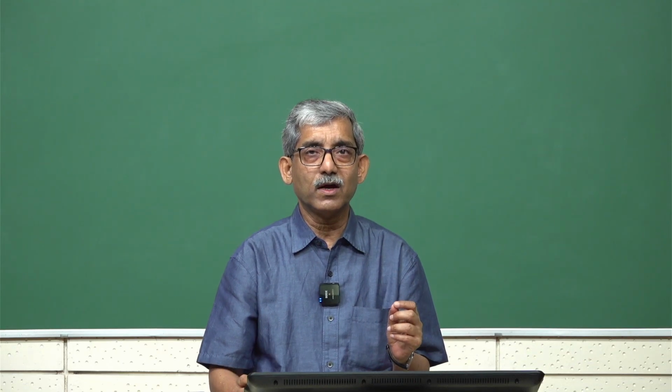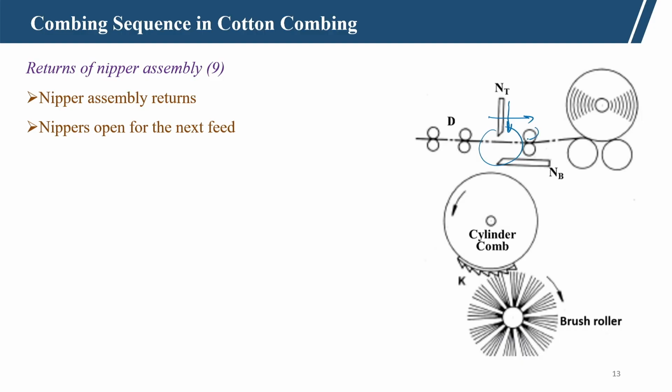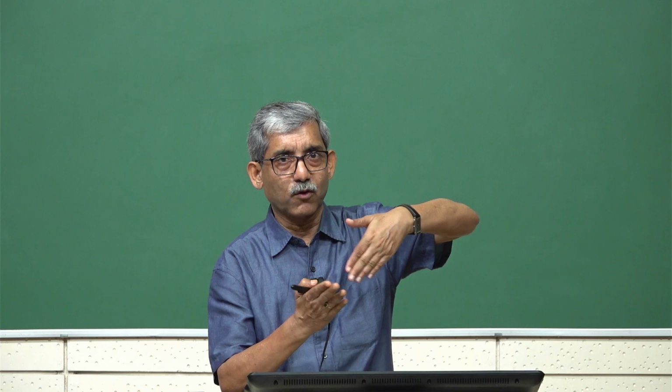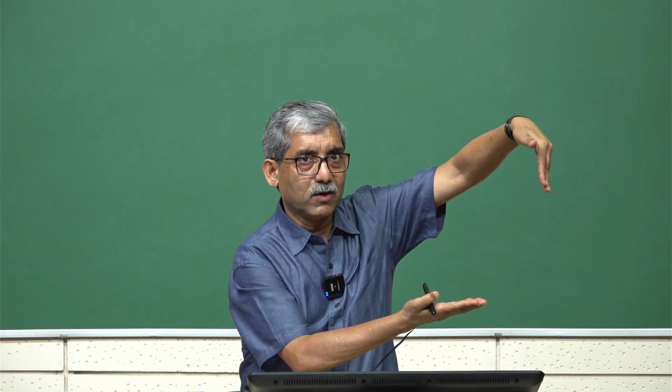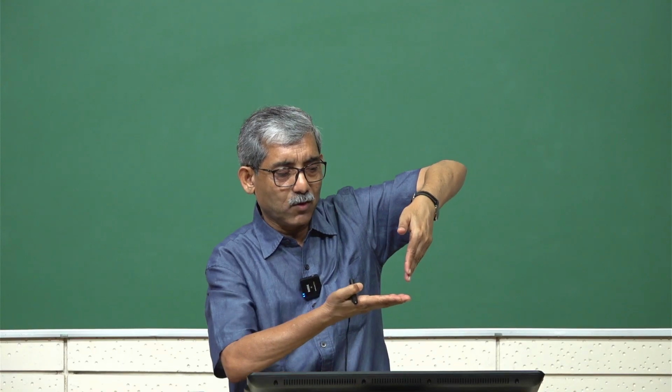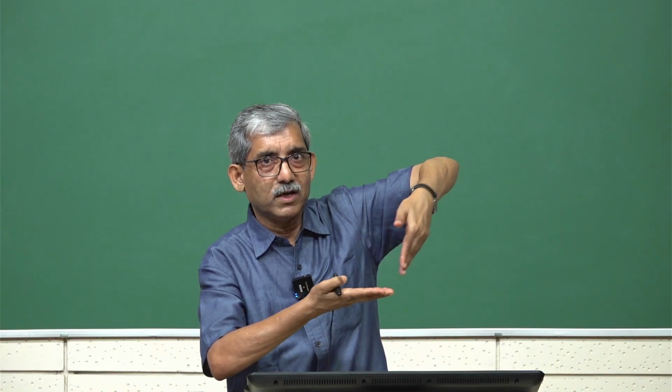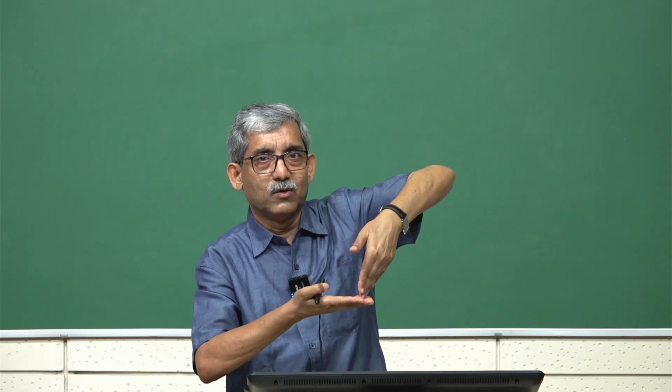The feed roller rotates momentarily. If the feed roller rotates momentarily during the return movement of the nipper assembly, that means when the nipper moves forward it is opening up, and when it is moving backward it is closing up. In this way the nipper assembly works.